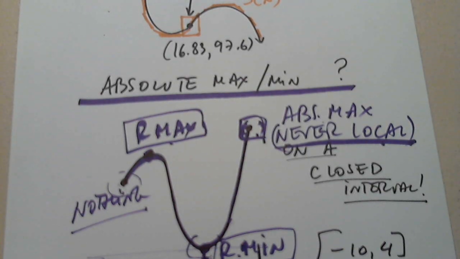It is, yes, because it's the smallest possible value, and the endpoints of the interval can be absolute. Perfect. What about here? Is this a relative max? Absolute and relative, because the function exists on both sides. It's a relative max, but it's also absolute because there is no other value higher than it. Good. What about this point here?